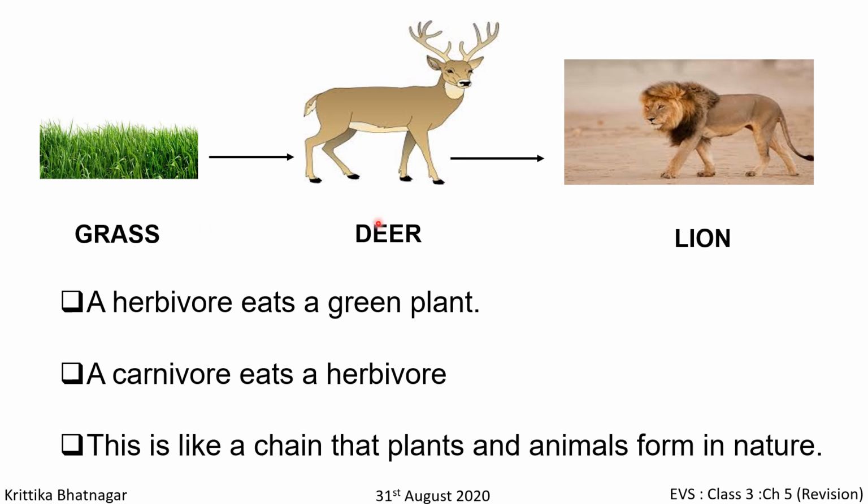So again this forms a food chain where it shows that a herbivore eats a green plant and a carnivore eats a herbivore. This chain is followed in nature where plants and animals are dependent on each other.